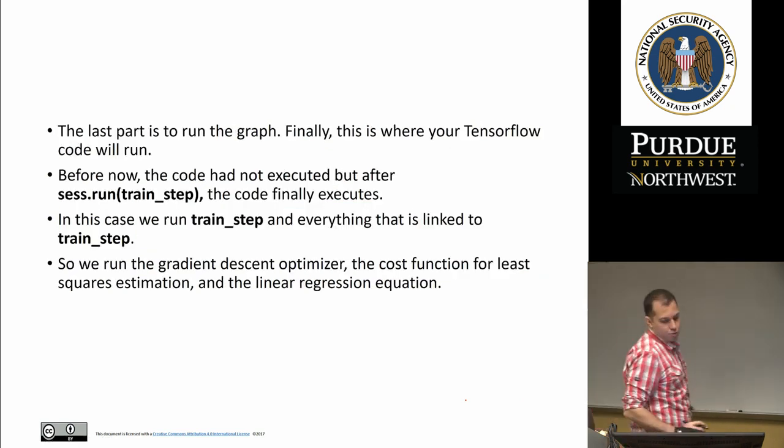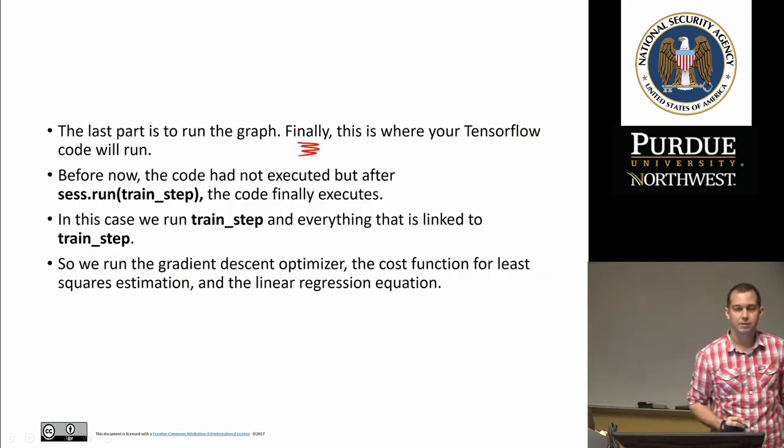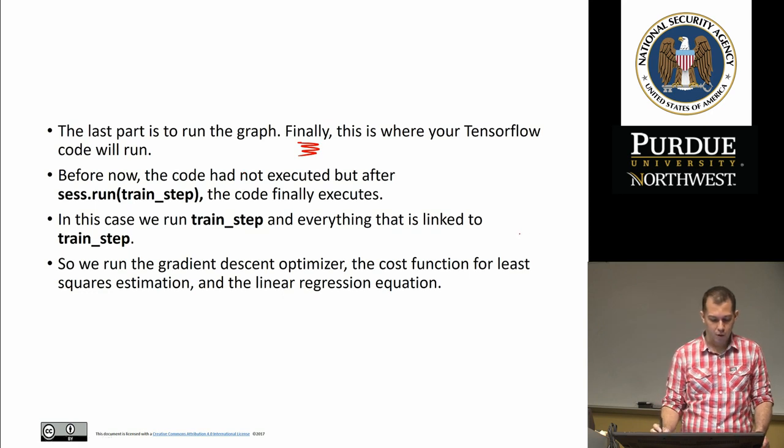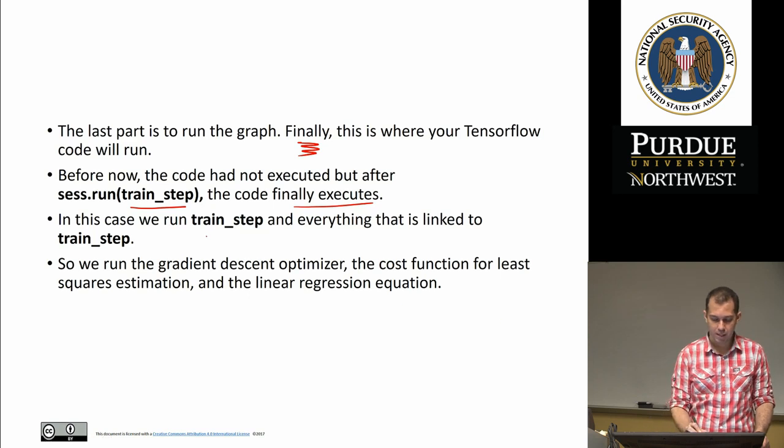The last part is to run the graph. Finally, this is where your TensorFlow code will run. Before now, the code had not executed, but after session run train step, the code finally executes. In this case, we run train step, and everything that is linked to train step will run.